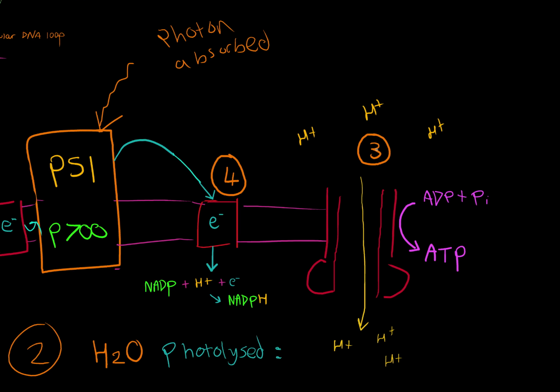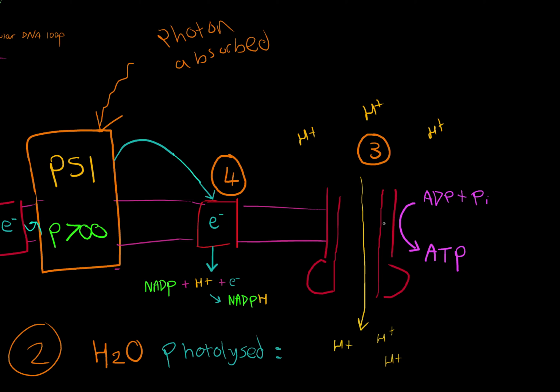Now, this guy is special in stage 3. ATP synthase is special because when hydrogen ions diffuse across it, have you ever been to an arcade where there are machines where you put in a pound coin and then you turn the cog and it throws out a little toy, like in an egg plastic cup?